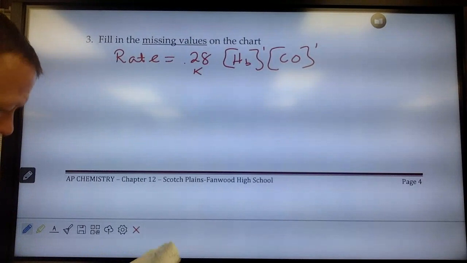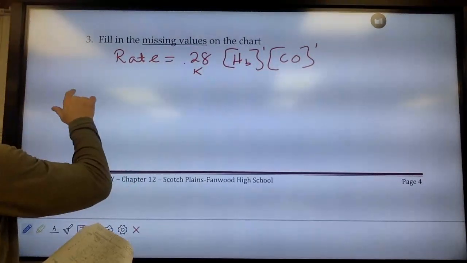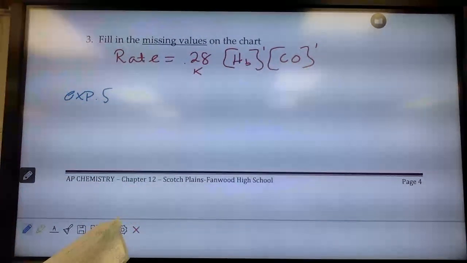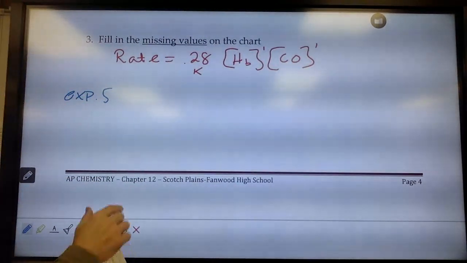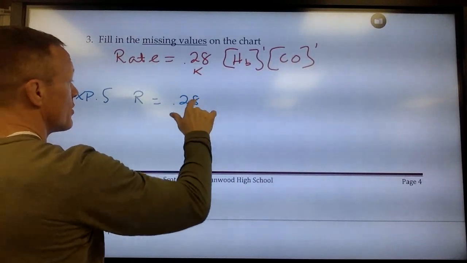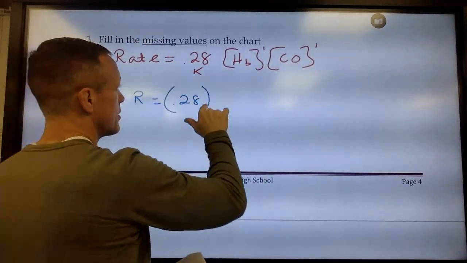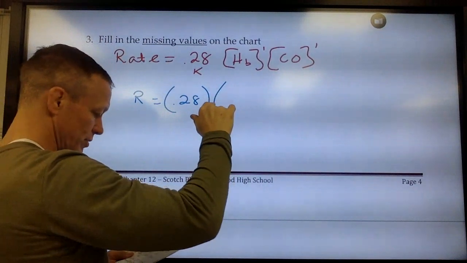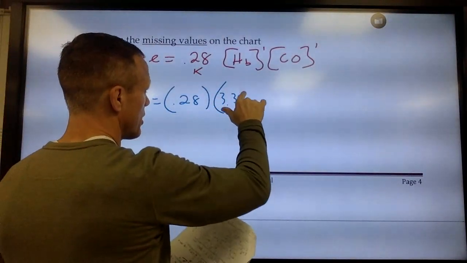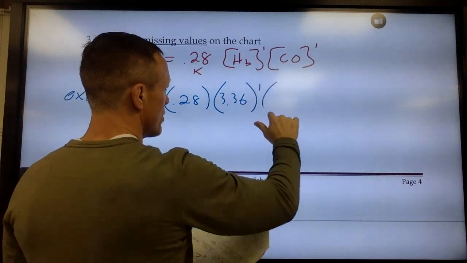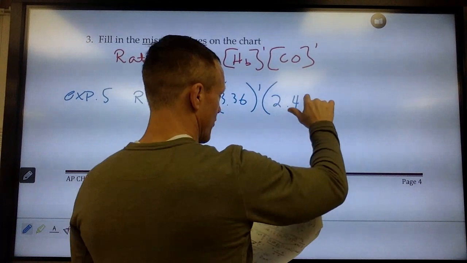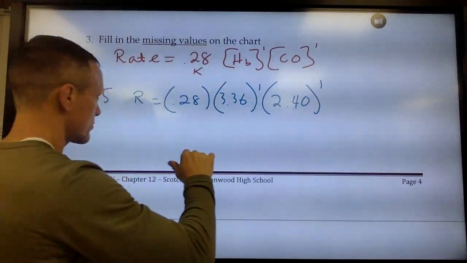So in experiment 5, up there at the top, we're looking for the rate. So we're saying the rate equals 0.28 liters per mole per second times the concentration of hemoglobin, 3.36, to the first power, times the concentration of carbon monoxide, 2.40, to the first power.